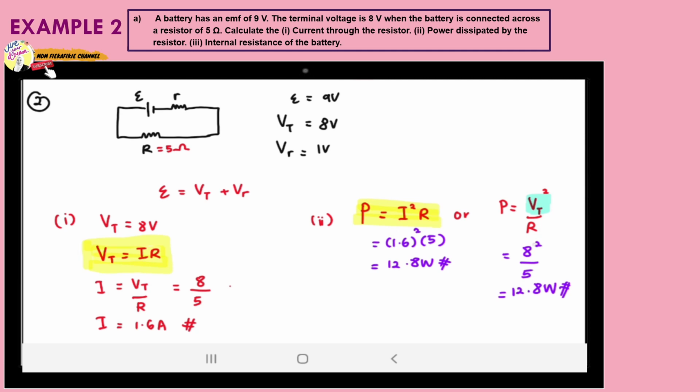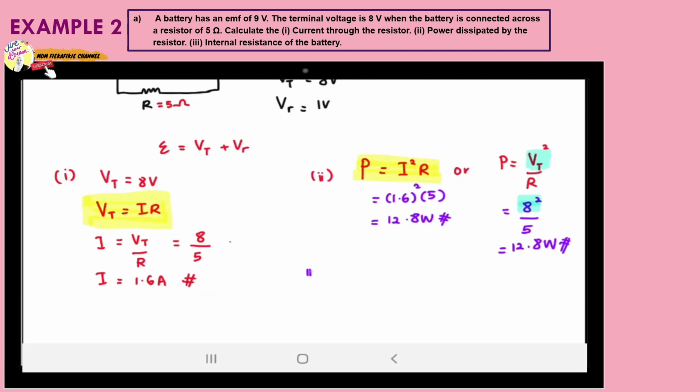So we just substitute VT, which is equal to 8.